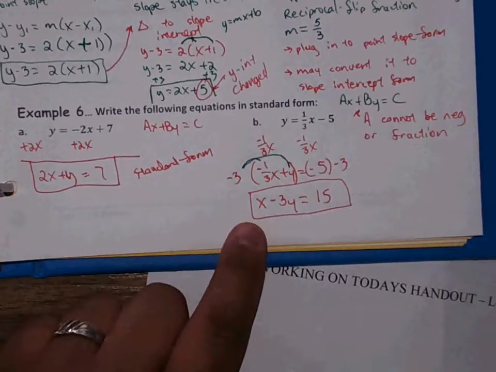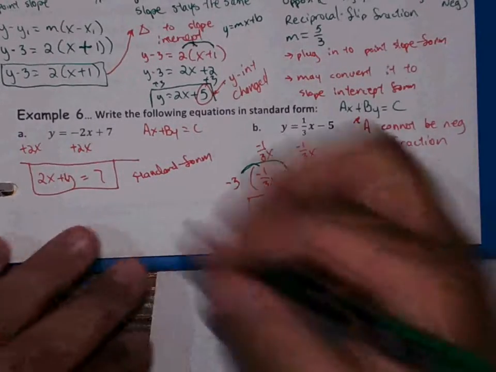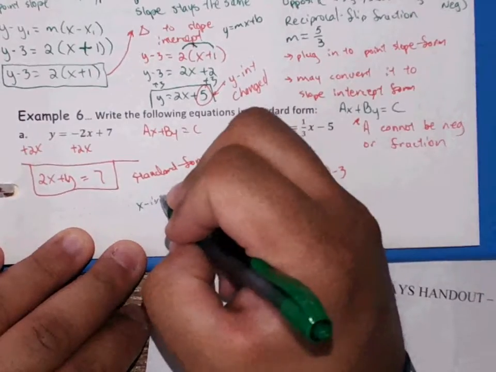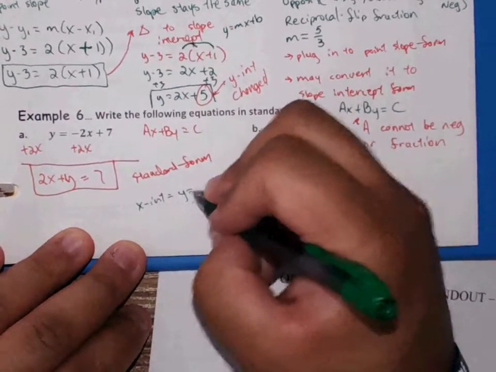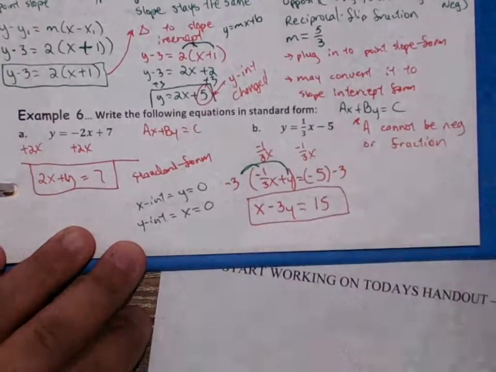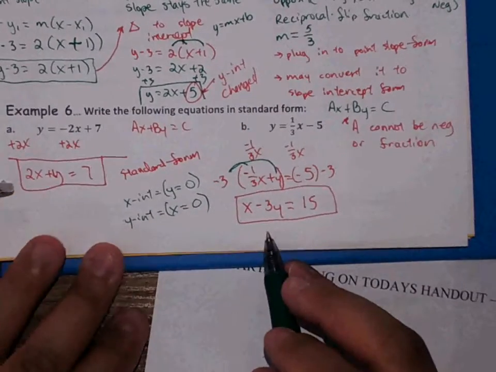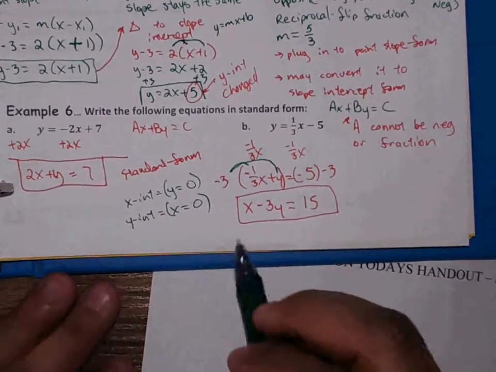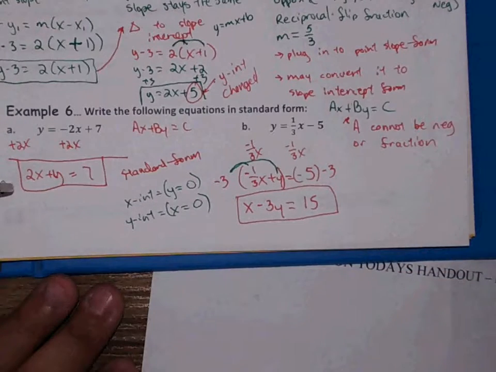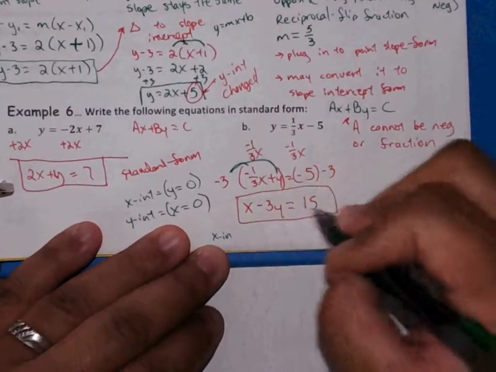The reason why standard form is important is because you can quickly find your x-intercepts and your y-intercepts. Remember, the x-intercept is when y is equal to 0, and the y-intercept is when x is equal to 0. So if I want to find my x-intercept, I plug in a 0 for y.